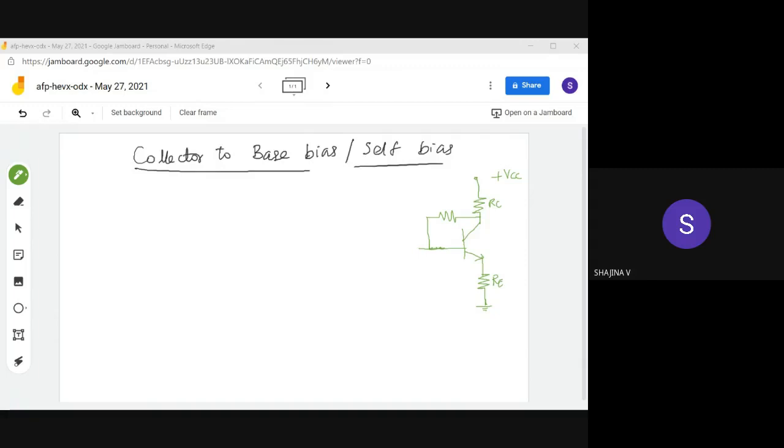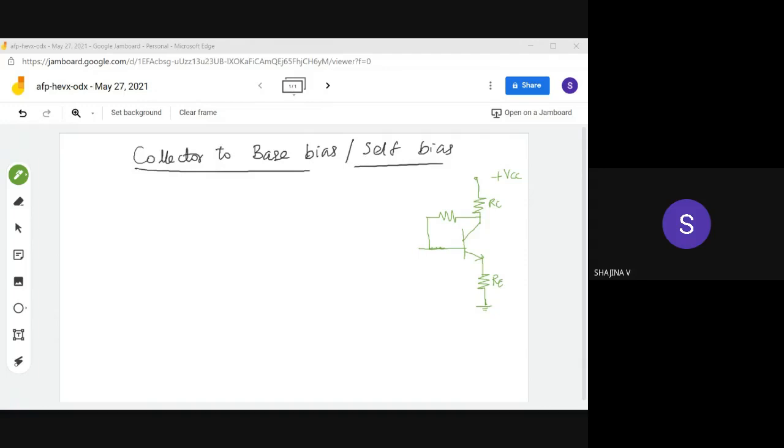Now I can write IB into 1 plus beta into RC plus RE, plus RB.